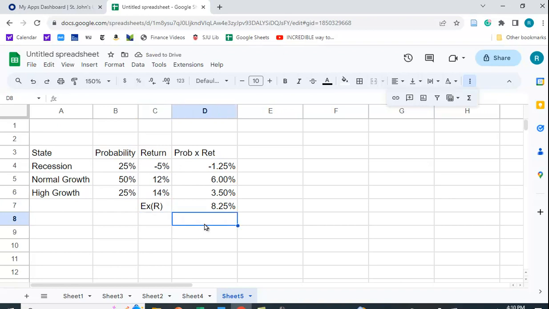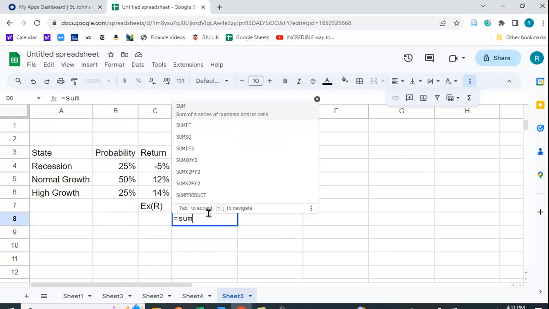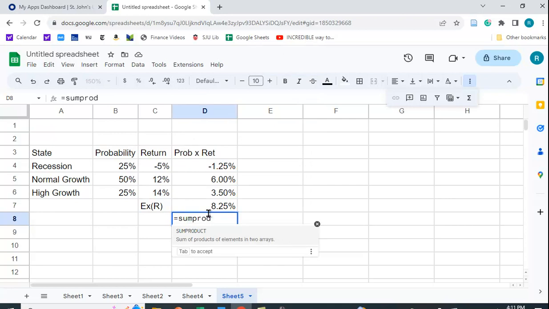You can also calculate this using something called SUMPRODUCT. What SUMPRODUCT does is it will do the multiplication for you and then add them all up. So instead of doing this in 2 steps, we can use SUMPRODUCT.